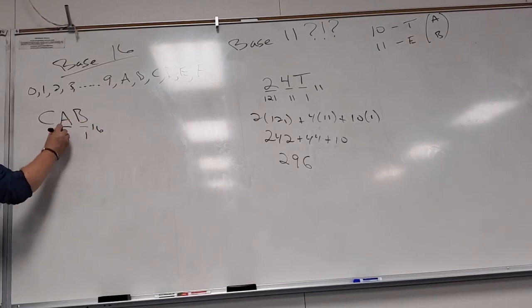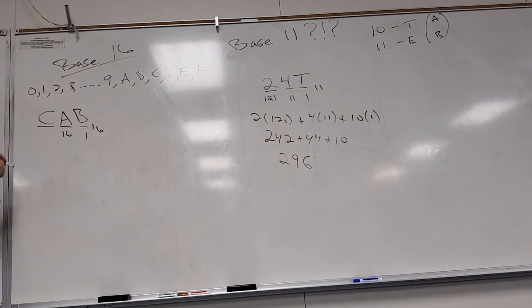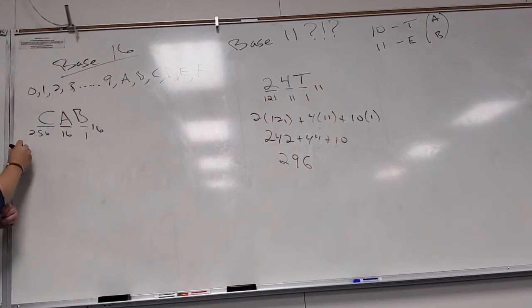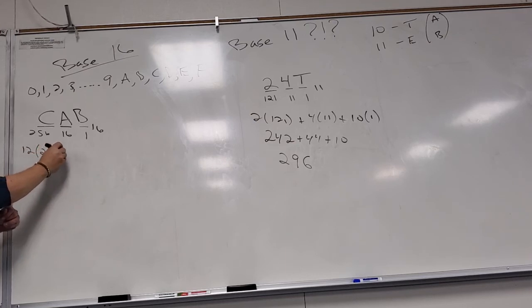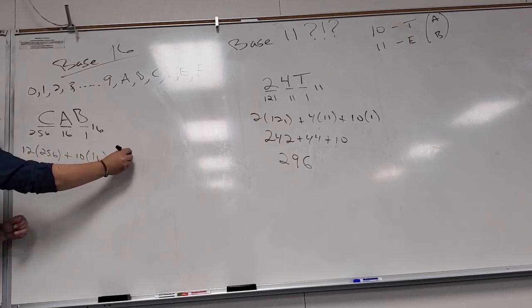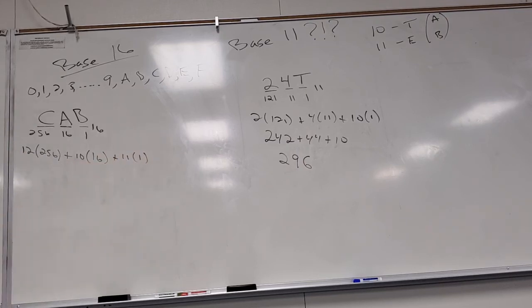Ones, 16s, 256. So what does C represent? 12. Yeah, 10, 11, 12. So you got 12 256s plus 10 16s plus 11 ones. Right, C is 12, A is 10, B is 11.